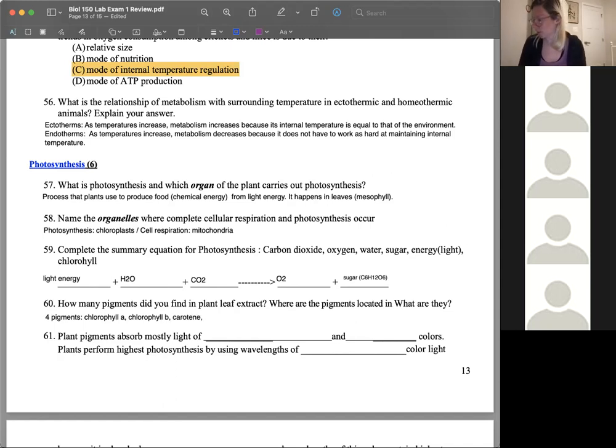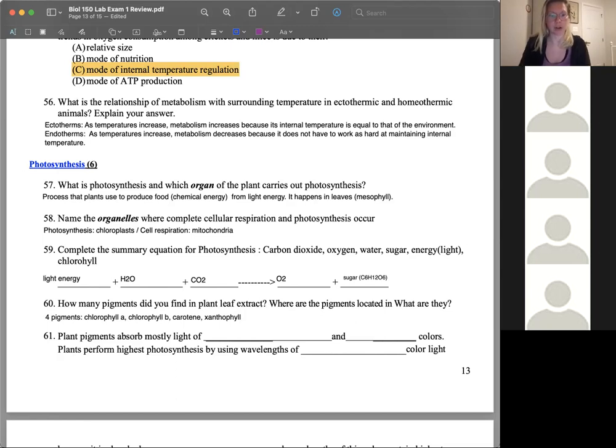Carotene, and the one that is a tongue twister, really hard to spell sometimes. Yeah, absolutely. So that last one, that's the xanthophylls.